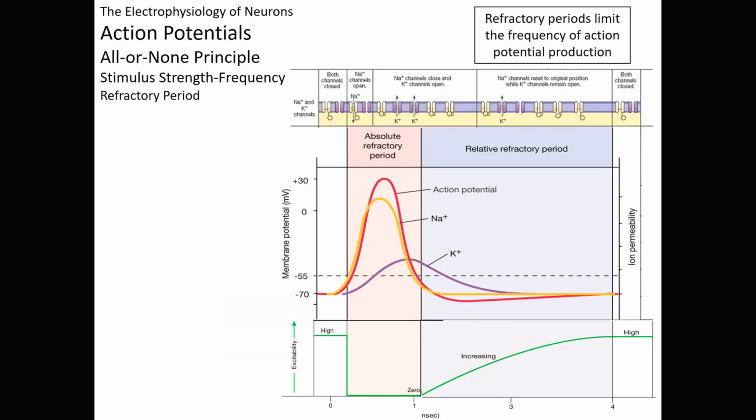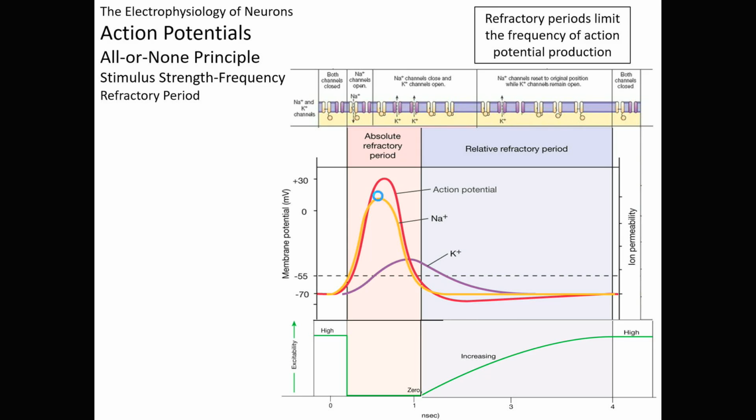The next thing I want to talk about is, what's the underlying mechanism causing this strength frequency coding? How does a stronger stimulus actually lead to a higher frequency of action potentials? I have this figure here, which is going to help us talk about that.